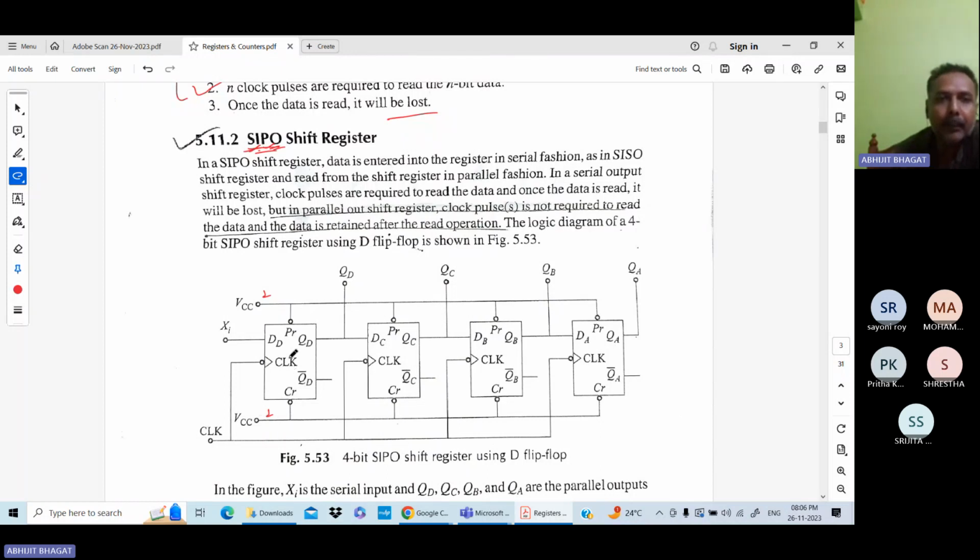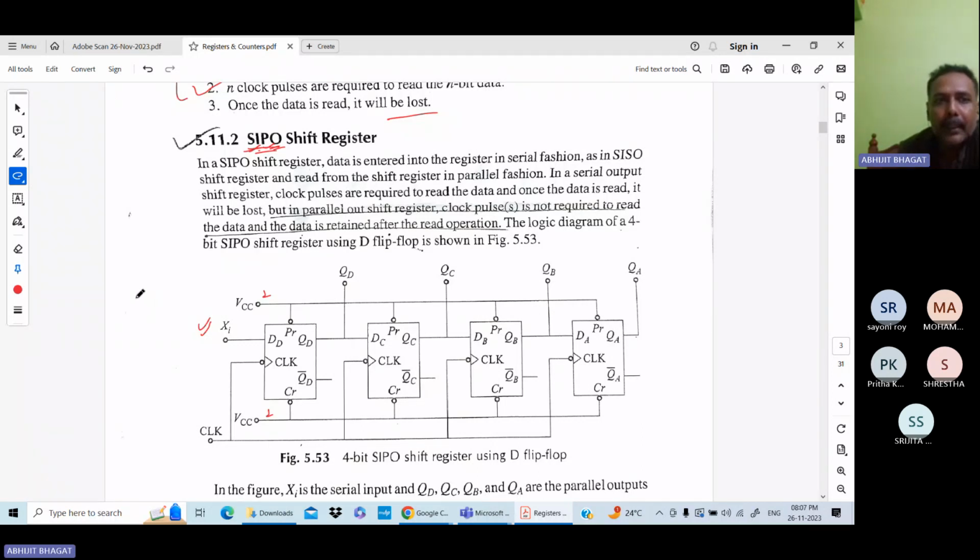Clear? Next here, serial in means your data goes in serially from this XI pin, from this first flip flop. Data is in serially. Data is out here parallelly. So these are the data outputs QA, QB, QC, and QD. Data is out from these points.